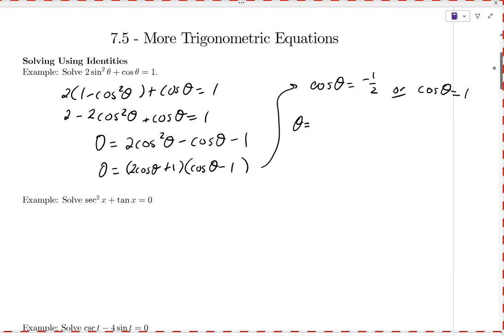So we need the pi over 3 angle in quadrant 2 and the pi over 3 angle in quadrant 3. What are those? Good idea. 2 pi over 3. 4 pi over 3. And then the last one, when is cosine equal to 1? 0. So that'll just be our multiples of 2 pi for that one then.